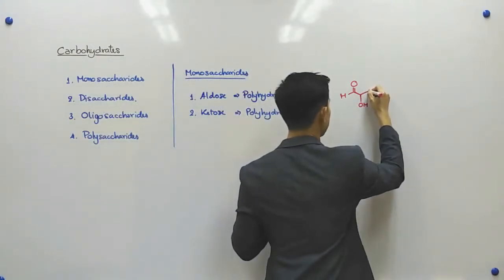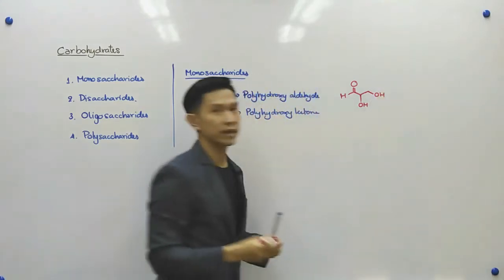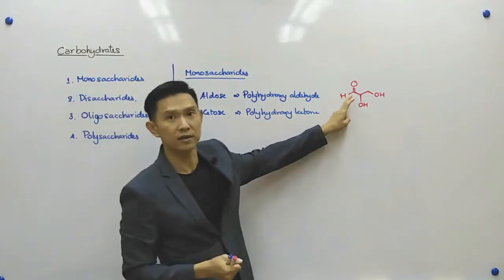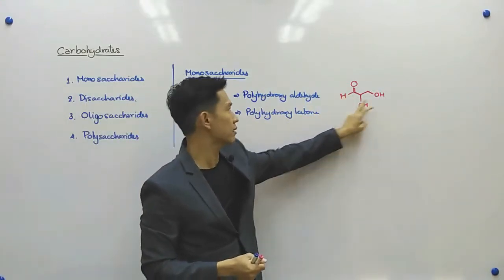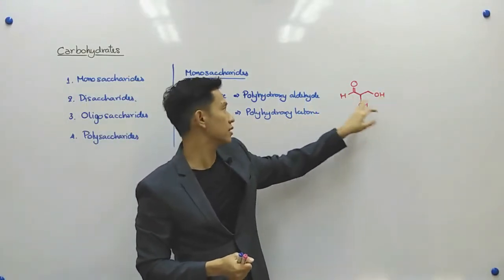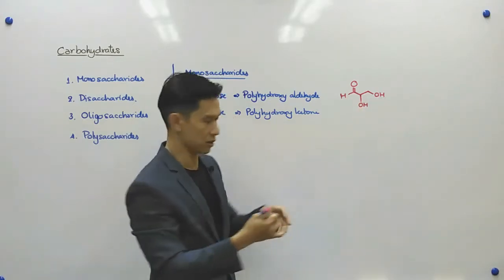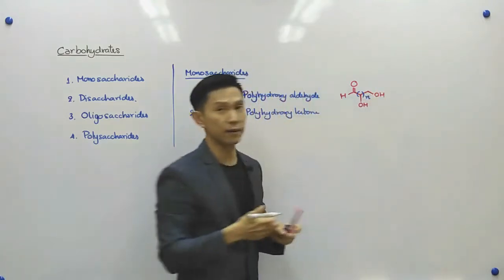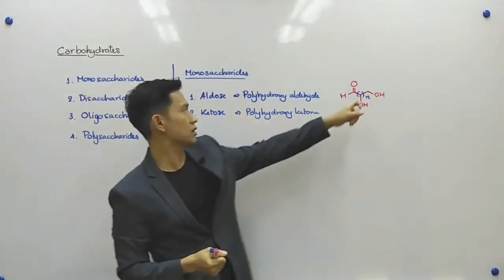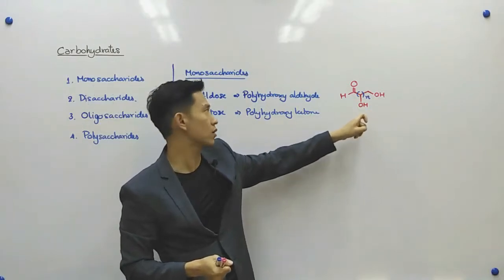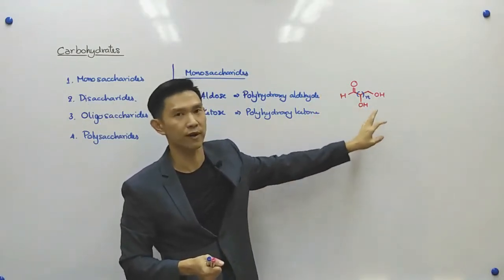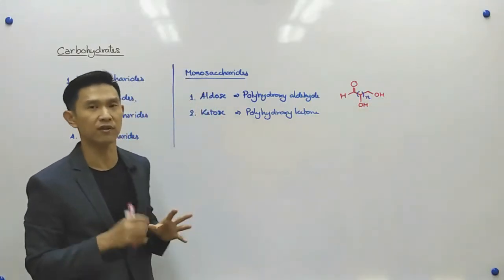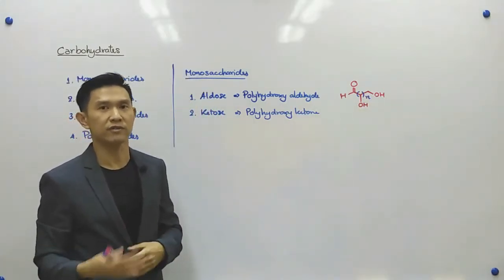Let's say we start from 3 carbons in the molecule, so we have the aldehyde on the first carbon, but the rest of the carbons in the structure contain OH. We may have more than 3 carbon atoms, so I will put the N here, to say that whether you have 4, 5, 6, 7 carbons, all of them contain OH. This is just a conventional monosaccharide structure.